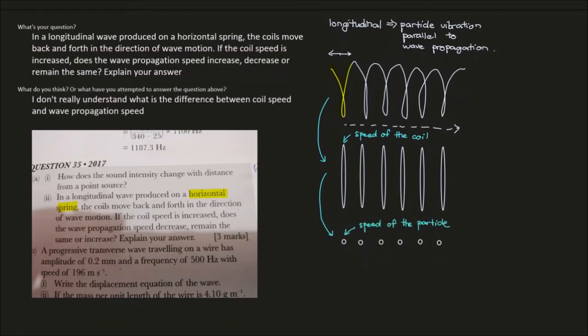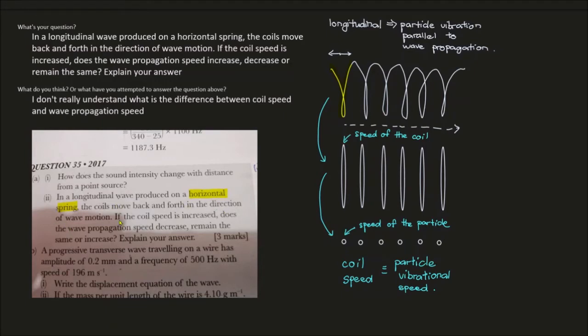So from here we can say that coil speed in this case is just equivalent to particle vibrational speed. If we say that, we can change the question to be something like this. In a longitudinal wave, the particle moves back and forth in the direction of wave motion.